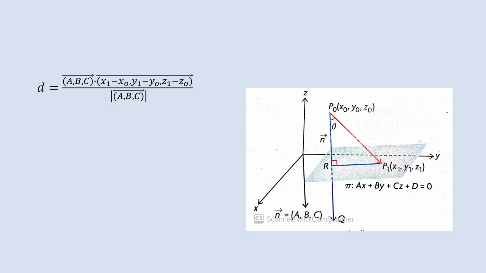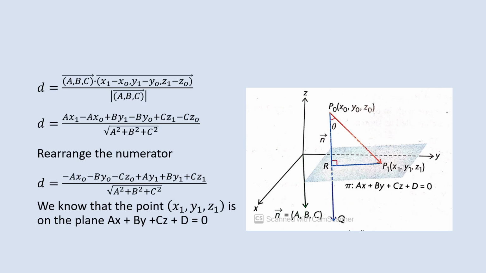We're going to use the component method of the dot product, and we're going to say a times x1 minus x naught plus b times y1 minus y naught plus c times z1 minus z naught over the square root of a squared plus b squared plus c squared is going to equal the distance that we're actually looking for. Okay?